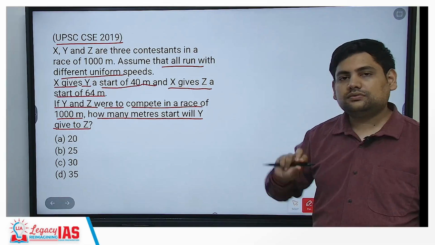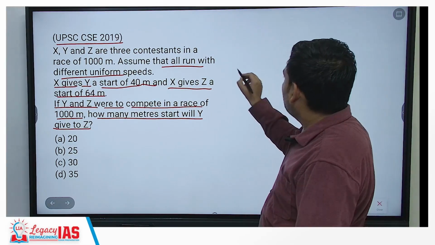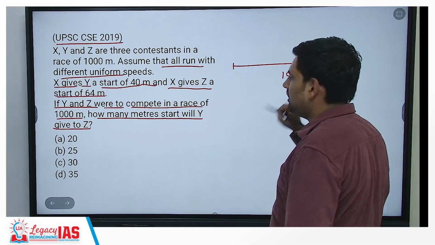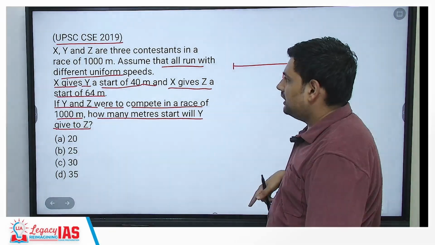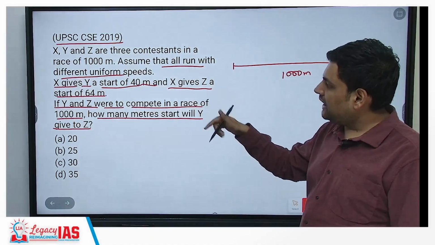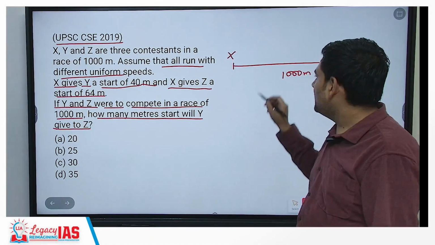Now these are the different starts they are giving. Now what is given in the question, that the race is of 1000 meters. Now X, Y, Z are the 3 contestants. They all run with uniform speeds. Now X gives Y a start of 40 meters. So here is X, here is X. Y will be where?